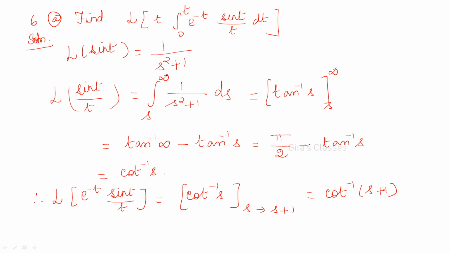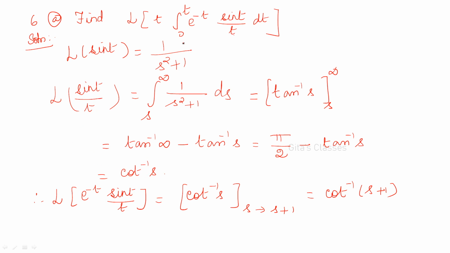If it is divided by t, integral s to infinity, always I told you multiplication of t, you try to relate it with differentiation, and the division of t with the integration. So L of sine t by t, it is division, therefore integral s to infinity 1 by s squared plus 1 ds. That is tan inverse of s from s to infinity. That is, if you apply the limits, tan inverse of infinity minus tan inverse of s, that is pi by 2 minus tan inverse of s, that I can write as cot inverse of s.